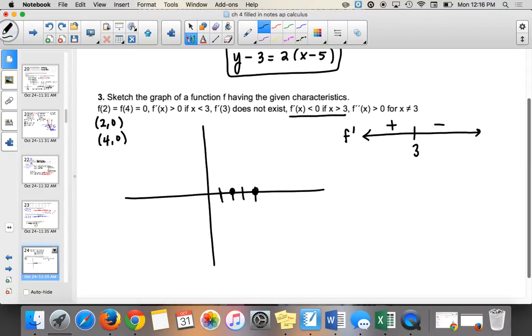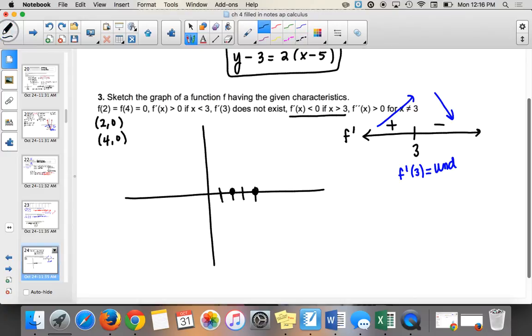So what does that mean for my graph? I'm going up, and I'm going down for the graph of f of x. But it did say f prime of 3, is it equal to 0? No, it's undefined, so there's something weird going on there. It could be a couple different things. You could have a vertical asymptote, you could have a corner or cusp, right?